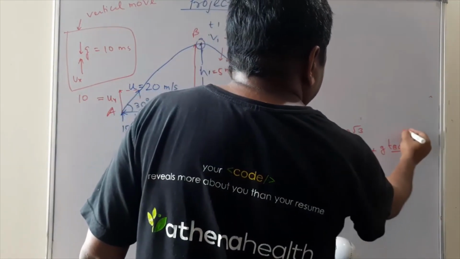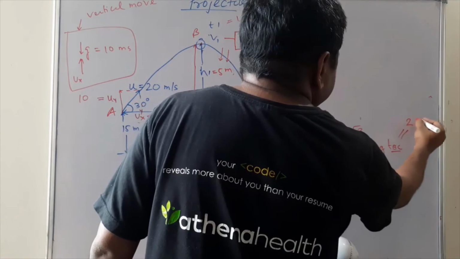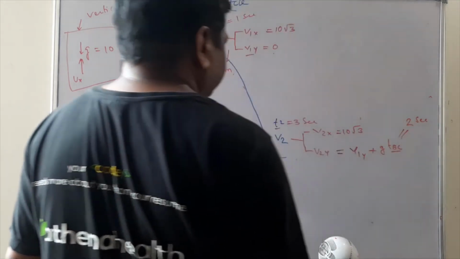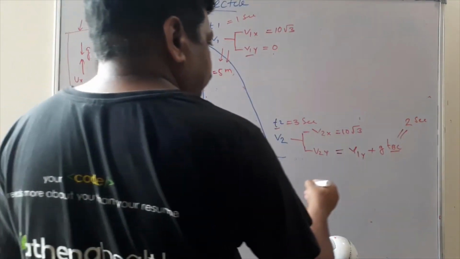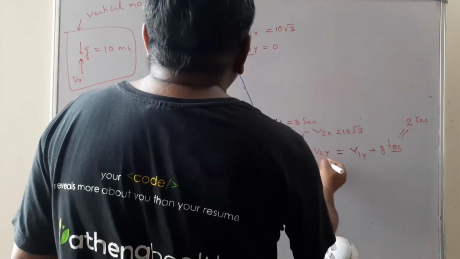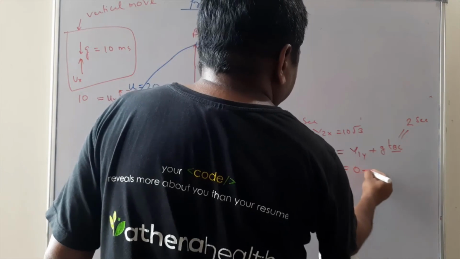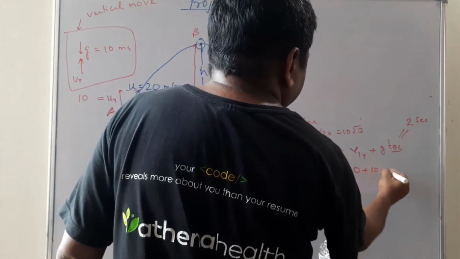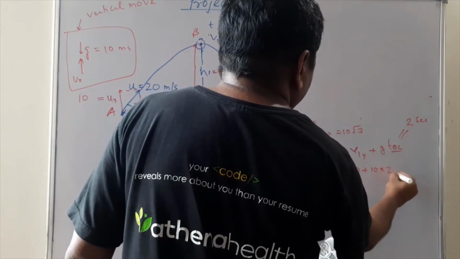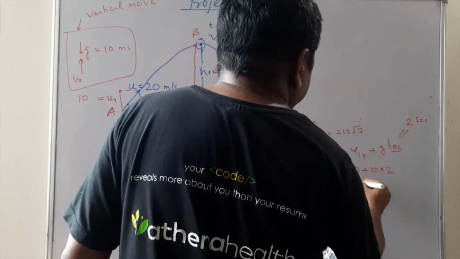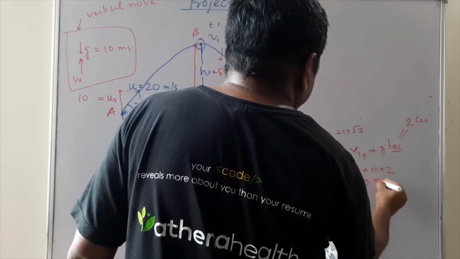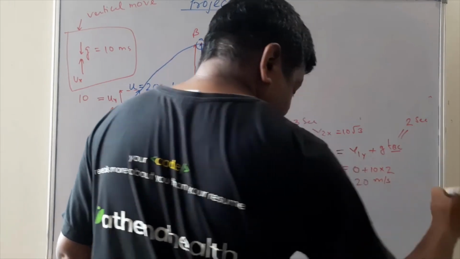It was 2 seconds. I erased it. So this is 0 plus 10 times 2. So this is 20 meters per second.